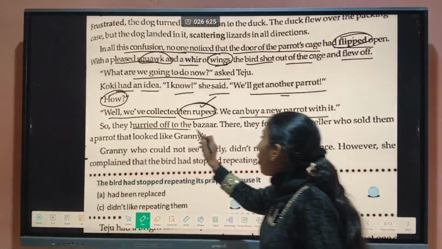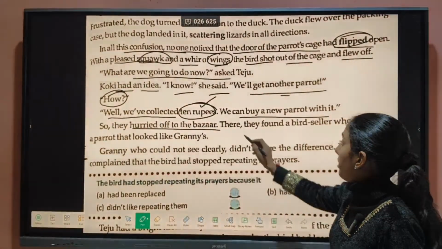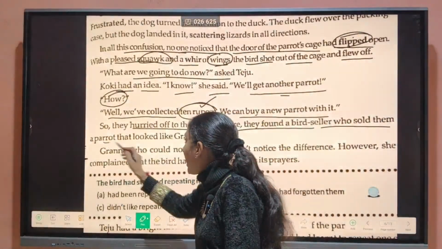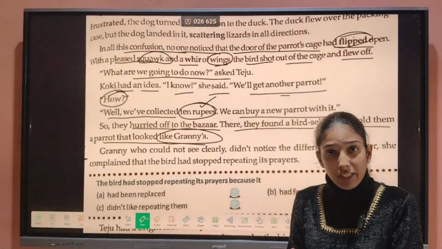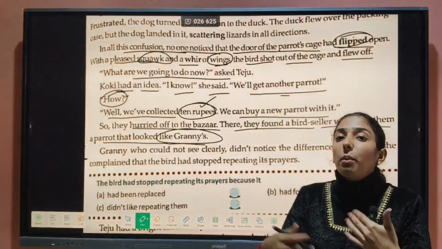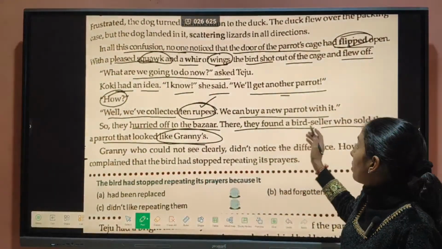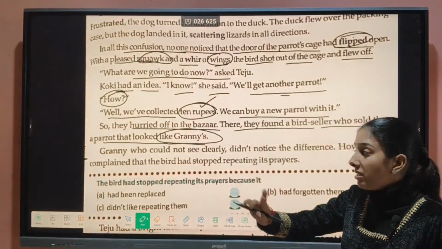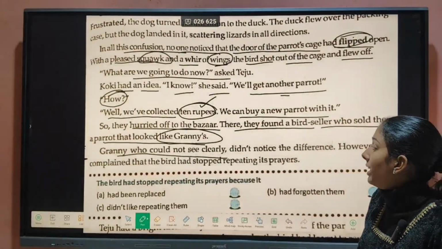So they hurried off to the bazaar. Now they went into the market to bring a new parrot. There they found a bird seller who sold them a parrot that looked like Granny's parrot. Now when they went in the market, they saw a bird seller. They saw that there is a parrot which looks the same as Granny's. Granny could not see clearly.